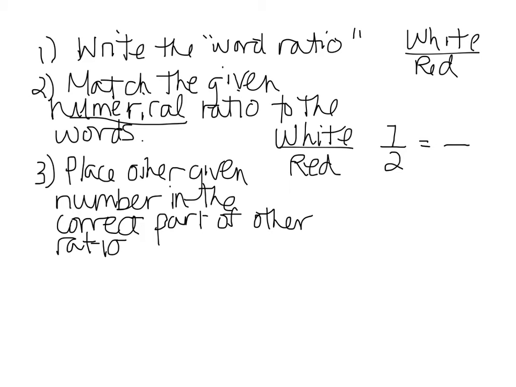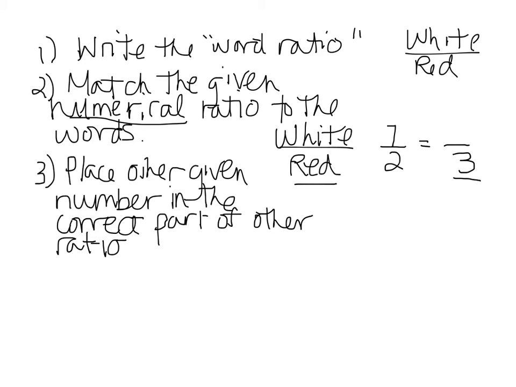In this case, it says how much white, that means we don't know white, should be added to 3 drops of red. Since red was given, that means the 3 goes in that spot.